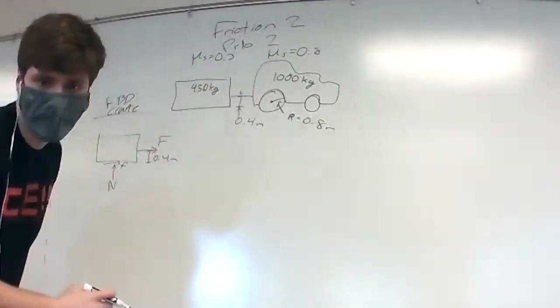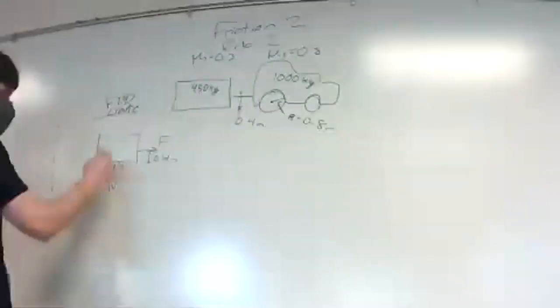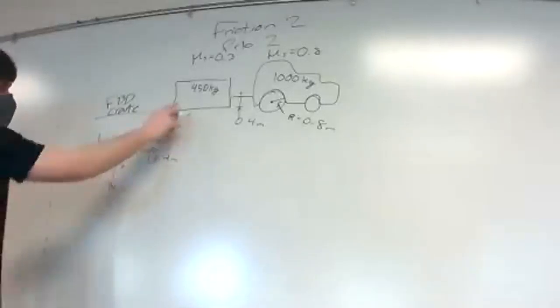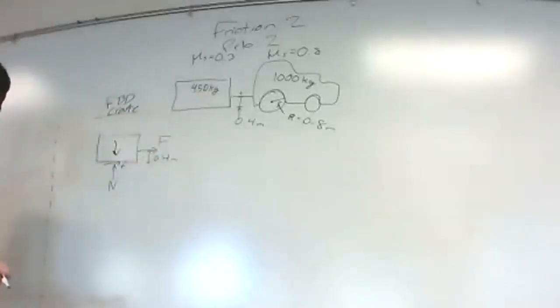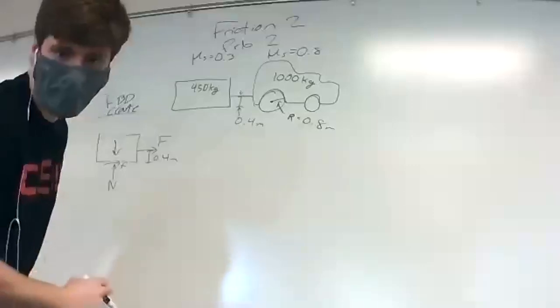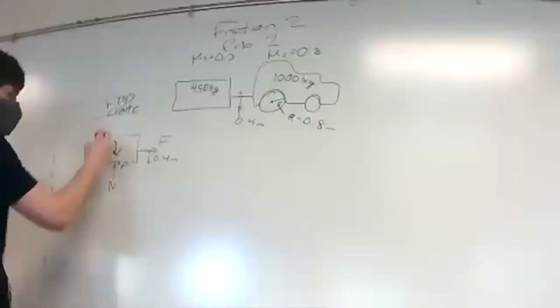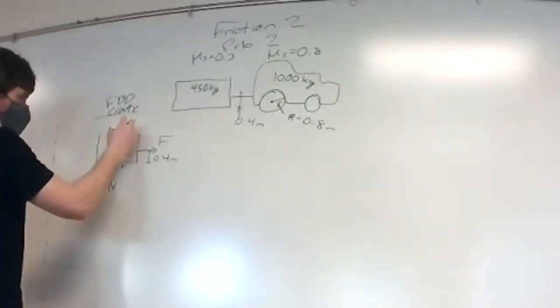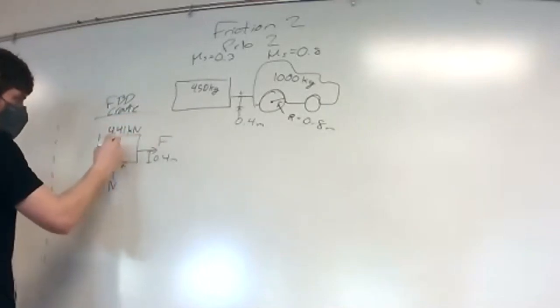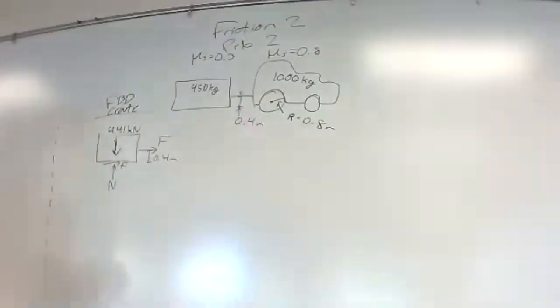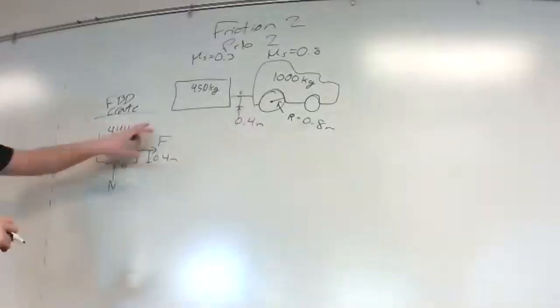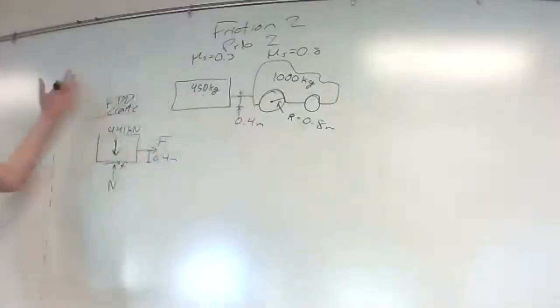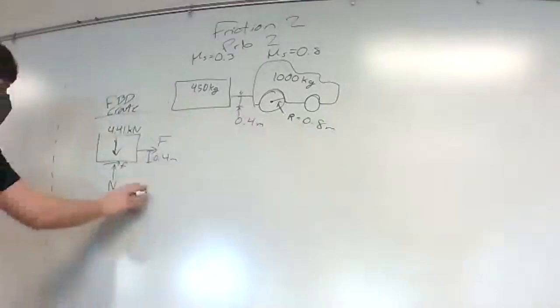It's going to have a normal force, and it's going to have a weight in the center, which is 450 times 9.81, which comes out to 4.41 kilonewtons going down. And once again, this is just the mass times 9.81 for gravity.